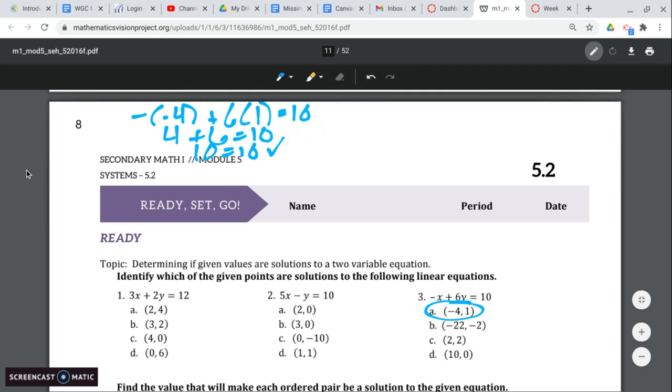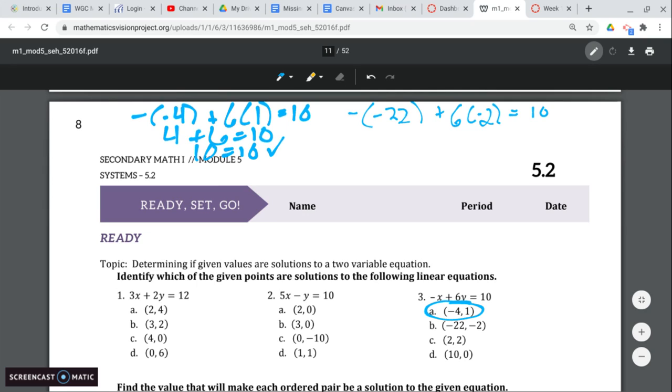All right, our next one, we have negative 22, negative 2. So we have negative, parentheses, negative 22 plus 6 times negative 2 equals 10. Always remember our ordered pairs are in the form x, y. So your x is always going to be the first value in the ordered pair.